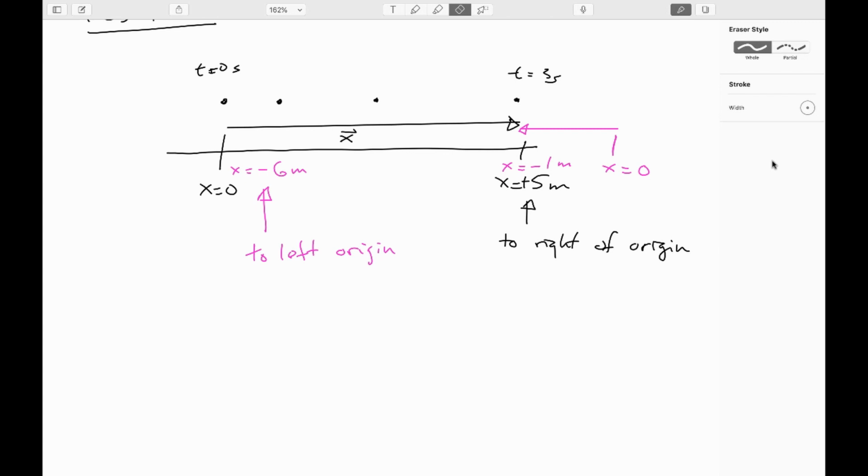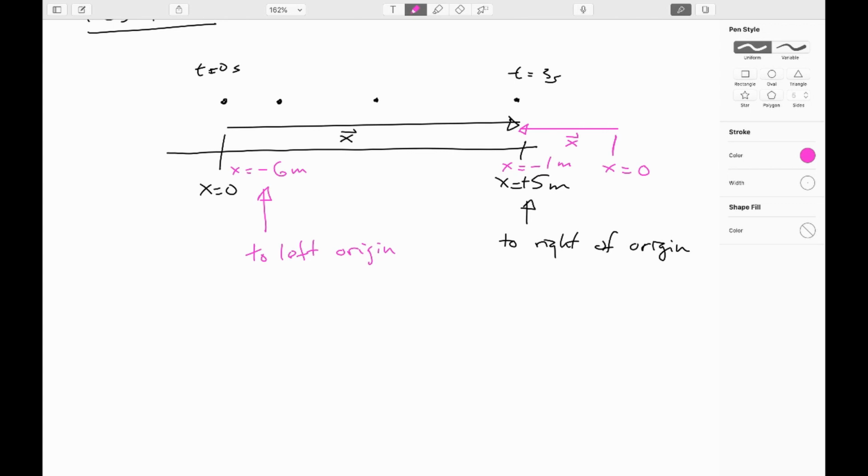And again, the pink observer would label this with an x with a funky little arrow over it. But now the arrowhead would be pointing to the left and to scale 1 meter. Okay.